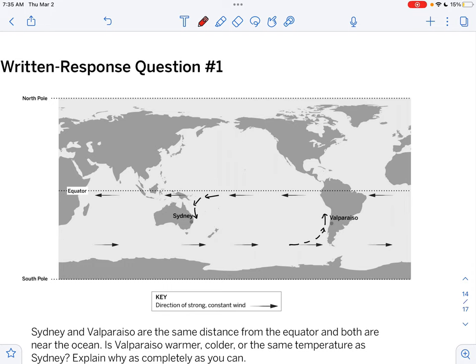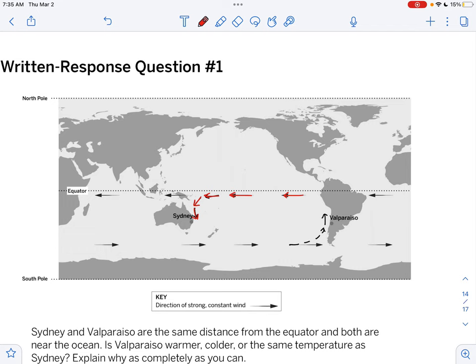The ocean current that's moving downward past Sydney is warm because it's close to the equator. That means Sydney is going to experience a warm ocean current because the water moving past the land formation, in this case the coastline, is warm.